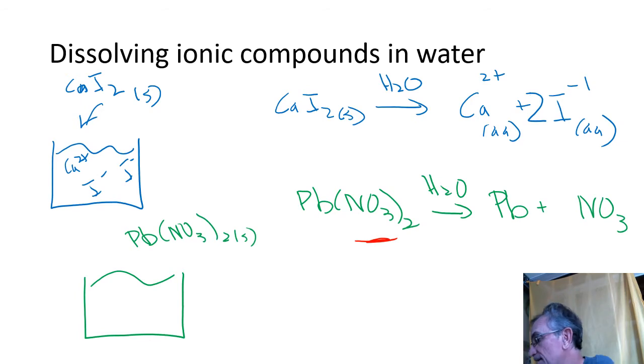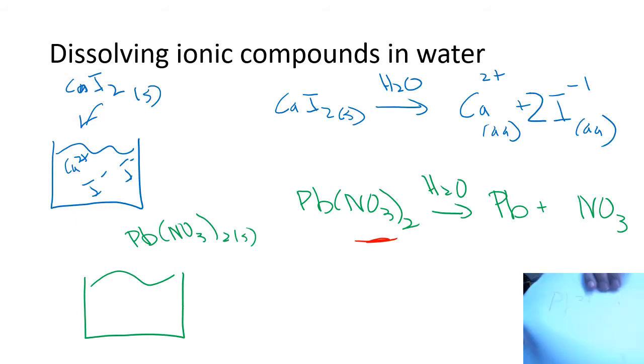So again, let me get my piece of paper. This is our original thing. Can you see that? All right, there you go. That's my original thing. And it's going to fall apart in water. Mr. Lead goes flying off.